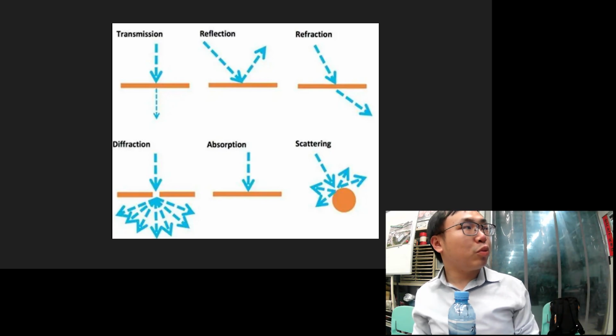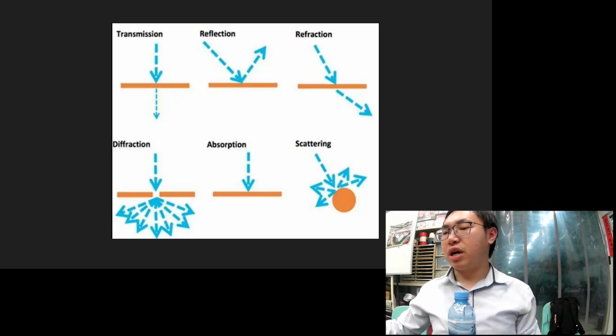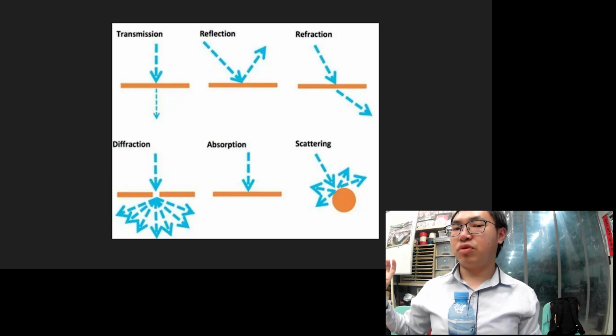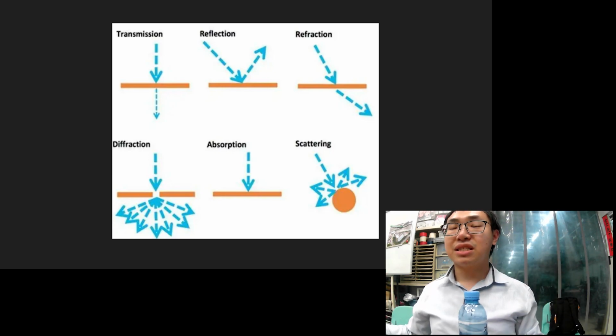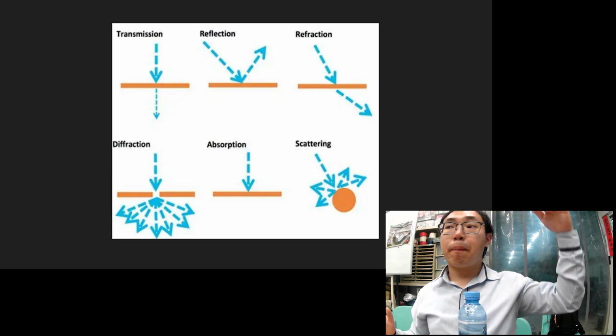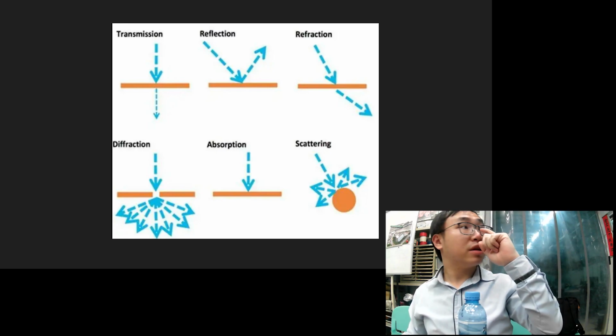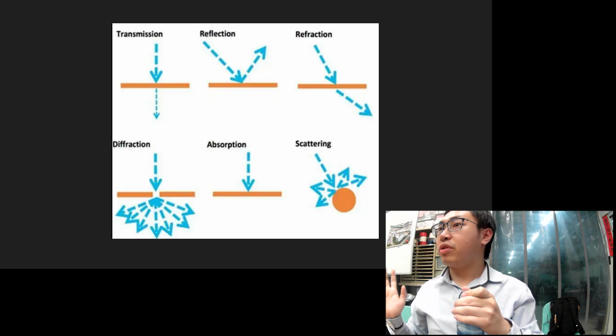Reflection, like if they are shining on a metal surface, all the light will be reflected. Refraction, if they pass through water or glass, a medium, the light will bend a bit. So this is called refraction.